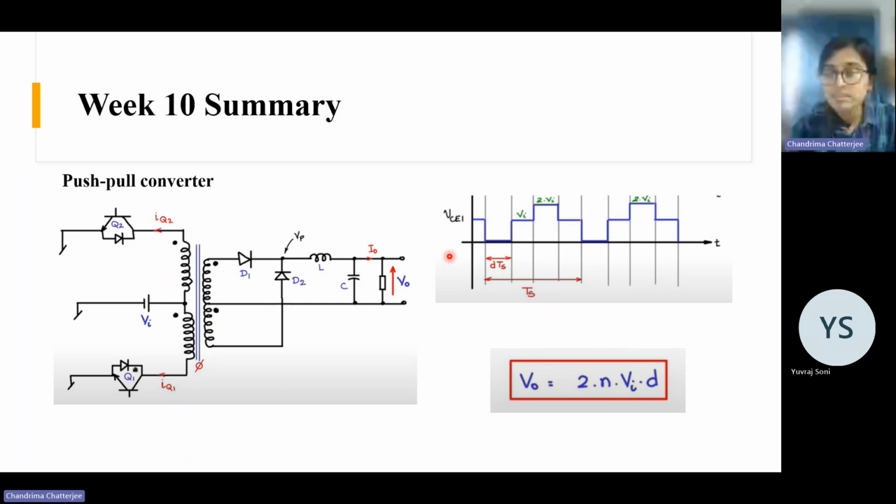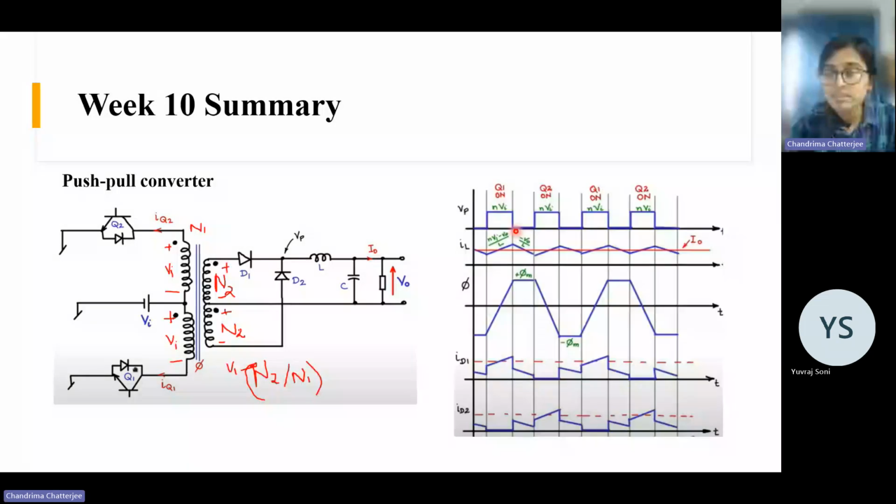And similarly, you see the inductor current frequency is also twice the switching frequency. This is our switching time period, starting from this to this to this. But during this interval, the inductor current has completed 2 complete cycles.